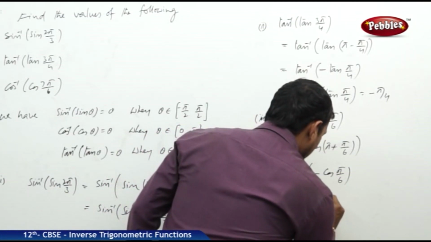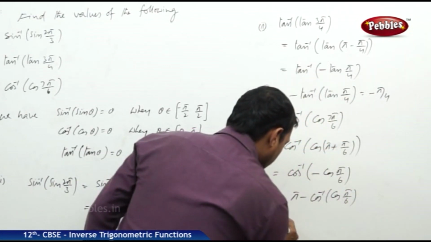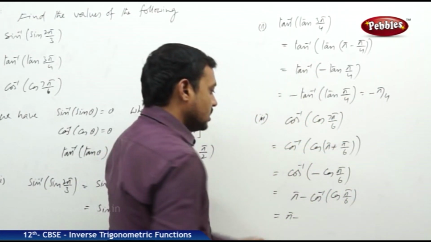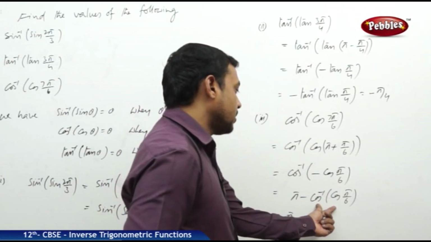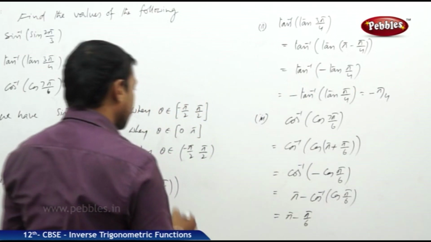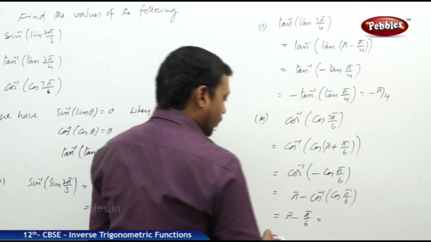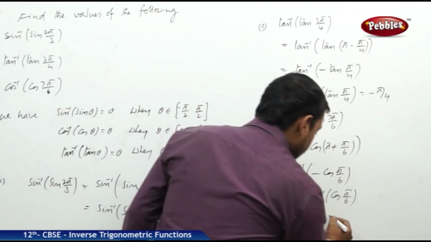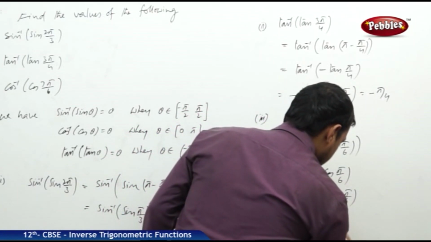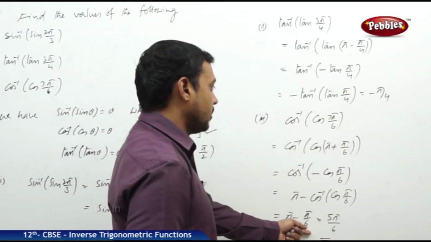So pi minus cos inverse of cos pi by 6, which is pi minus pi by 6, since pi by 6 belongs to the interval 0 to pi. Therefore, finally it is 5 pi by 6. Hence, cos inverse of cos 7 pi by 6 is 5 pi by 6.